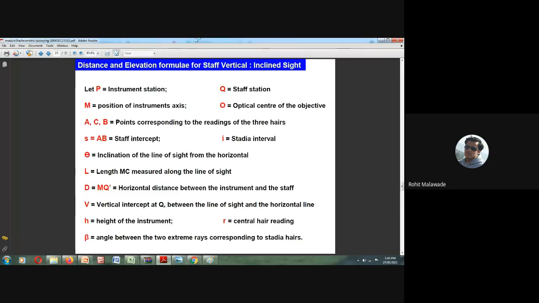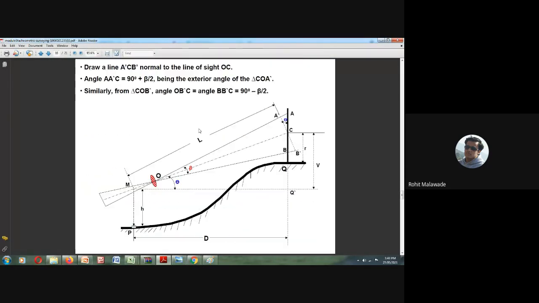And M is the position of the instrumental axis. So this is the center point or the trunnion axis of your instrument, and M is nothing but the position of the instrumental axis, that is, M is the point of the trunnion axis.